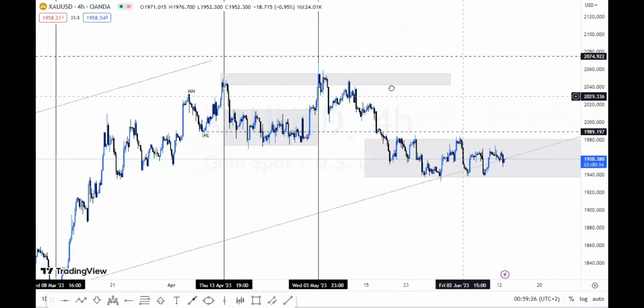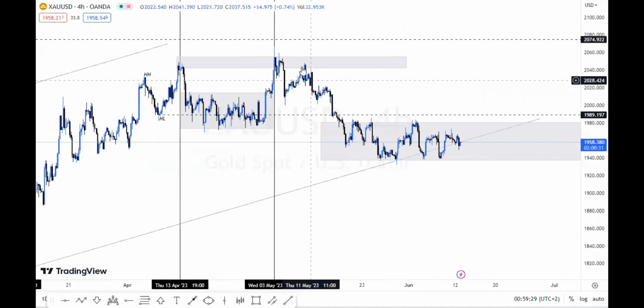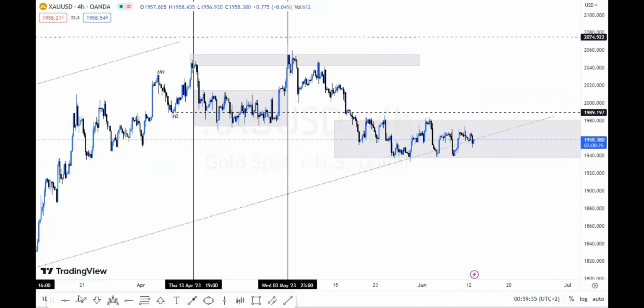The sellers just came in guns blazing because, as you can see, they created such a healthy trend, with your lower lows, lower high, lower low, lower high.